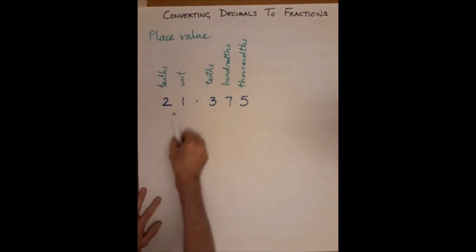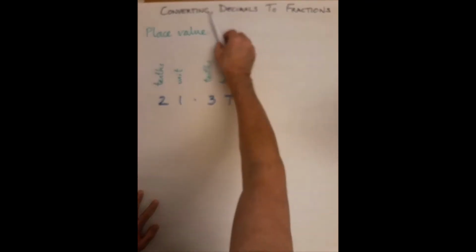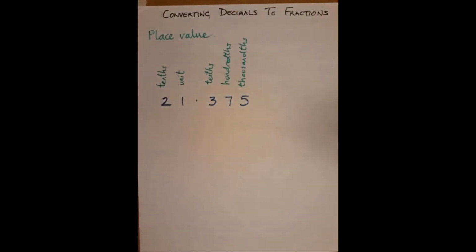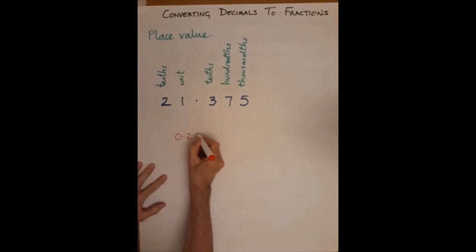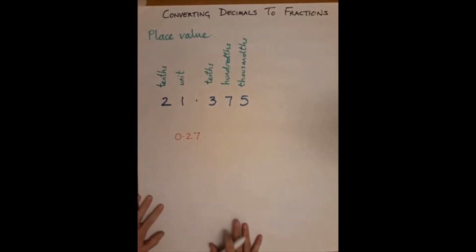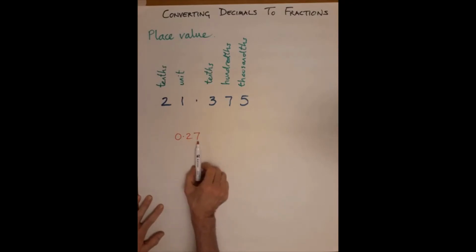So now we understand about place value, we can consider looking at converting a decimal fraction into a vulgar fraction. Let's start with something quite straightforward. Let's consider the number 0.27. So in this number, we need to know the place value of each part. So this is 2 tenths and this is 7 hundredths.